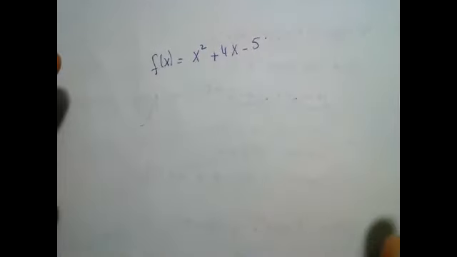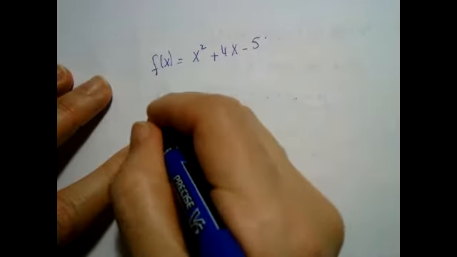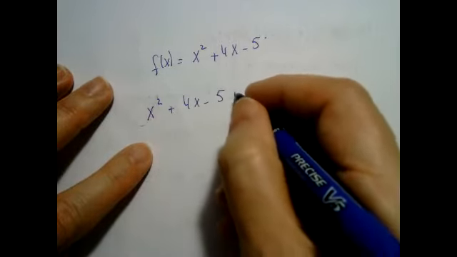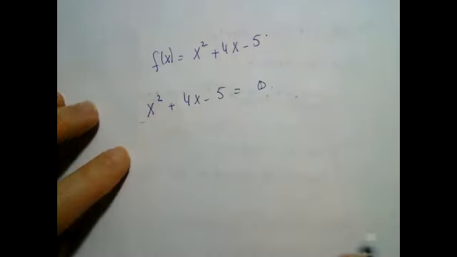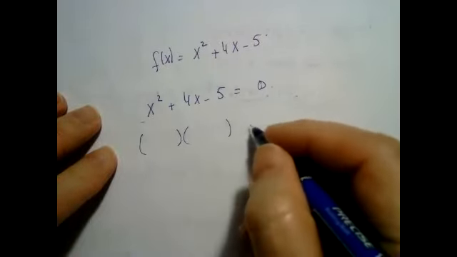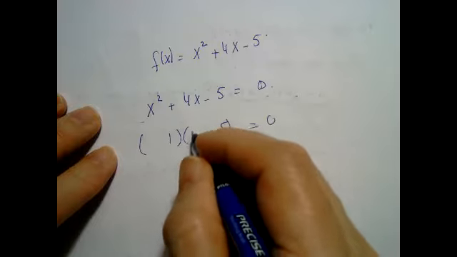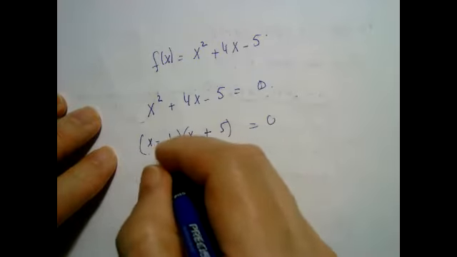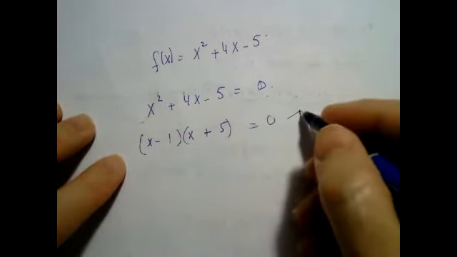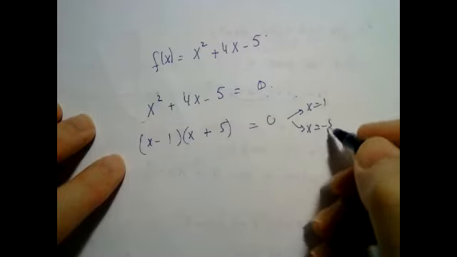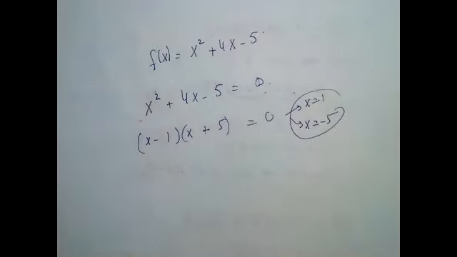And when I asked you to find the zeros, after a little bit of reminders, we factored this, (x plus 5)(x minus 1). And we say that the zeros, the values that make it 0, are x equal 1 and x equal minus 5.